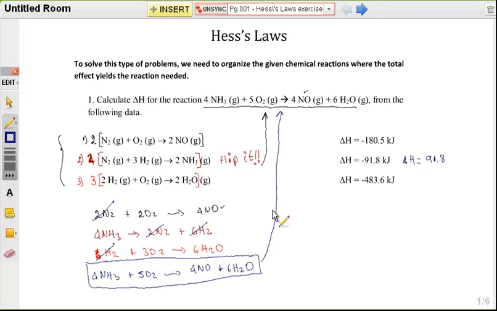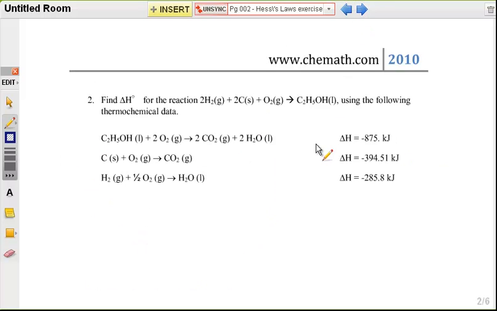Okay? Alright, let's do the second example. So we are going to organize, and let's see what happened here. On my reactant side we got C2H5OH, and in my first equation we have C2H5OH on my reactant side. It should be on my product side.